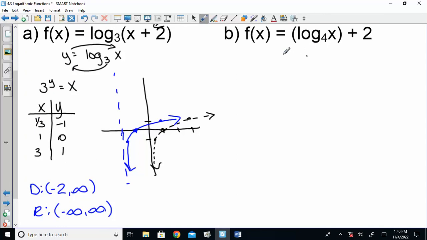B. What is my parent function? Just log base 4 of x, regular log base 4. What's this plus 2 going to do? We change this to exponential. We get 4 to the y equals x.